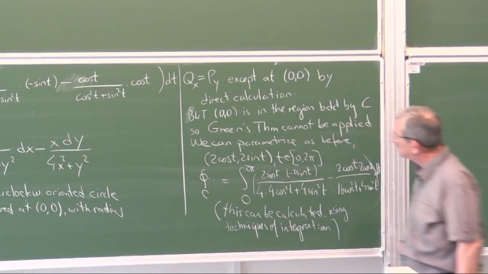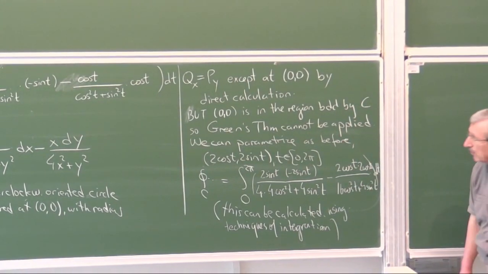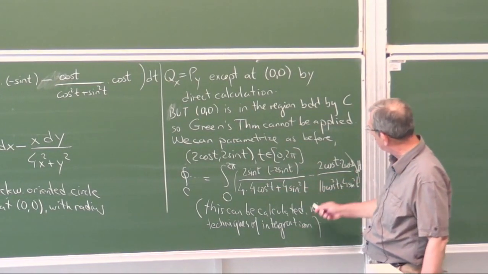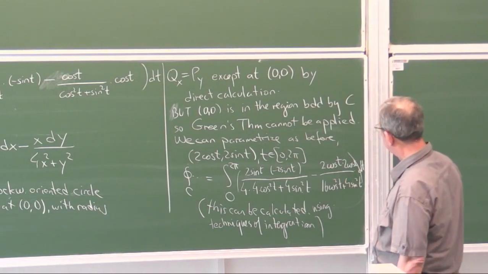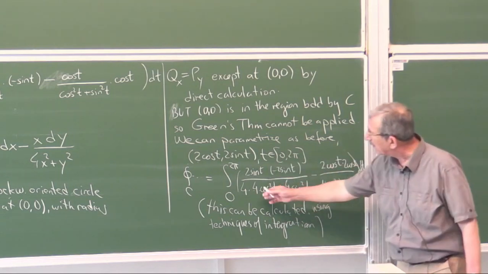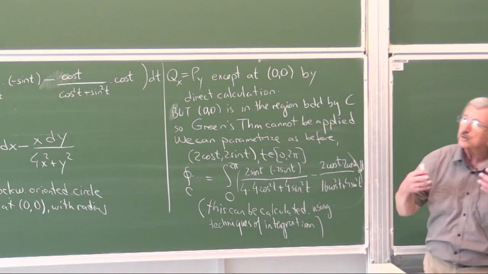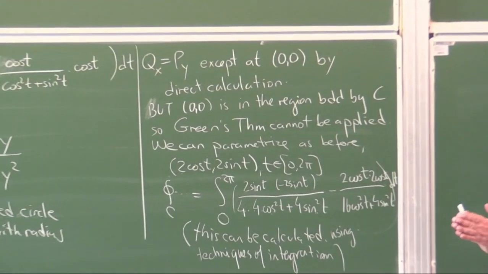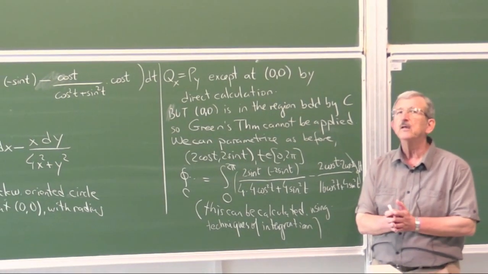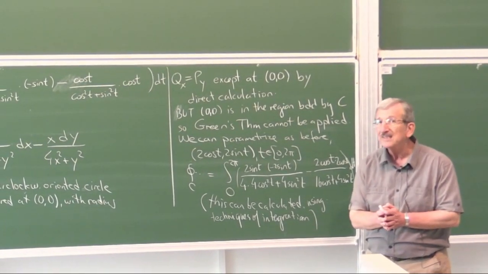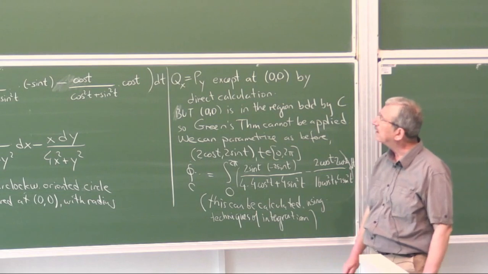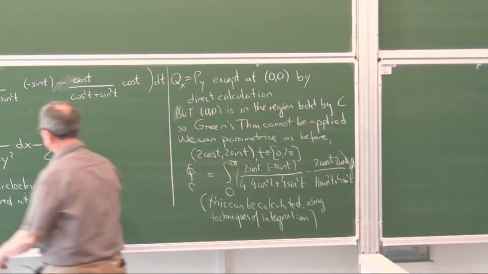But it's quite a long thing. Actually, you have sine squared t at the top, or rather, yes, you can combine them. You have a constant at the top, but at the bottom, you have 1 plus 3 cosine squared t. Now, if you remember, this can be calculated using the tangent x over 2 substitution. So using such techniques, you can calculate that, but it's a long process.